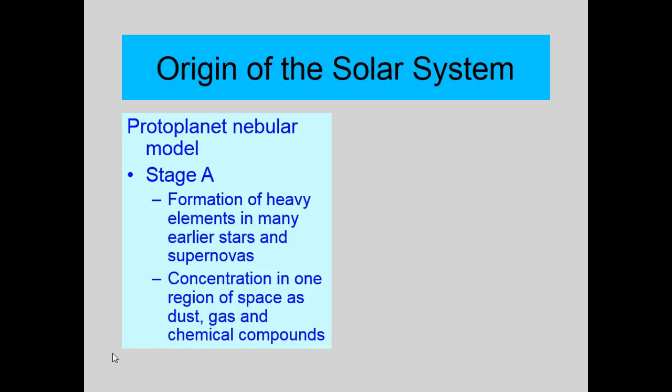We've talked about how a star was formed, the masses of gases, the nebula, and then they got lumped together from some sort of perturbation, something that made gravitational collapse. If that continued to the point that it got hot enough for fusion to start, then it became a protostar.